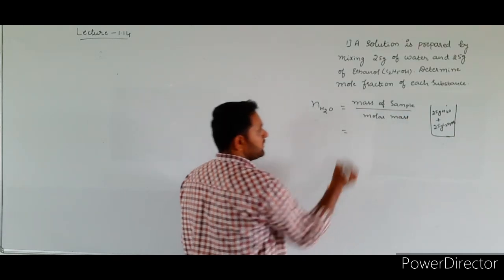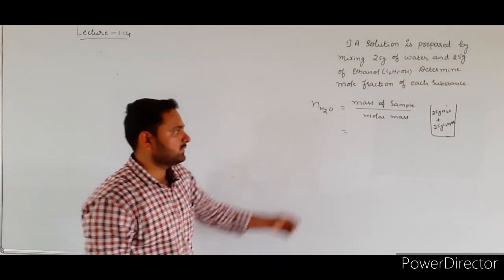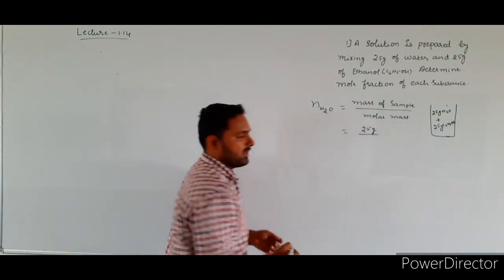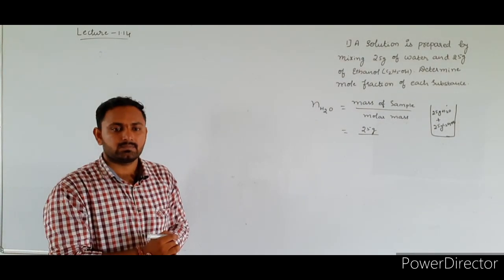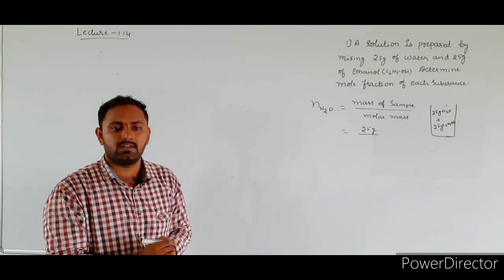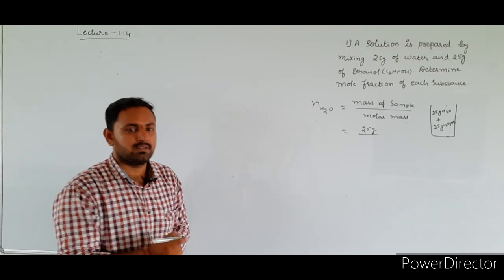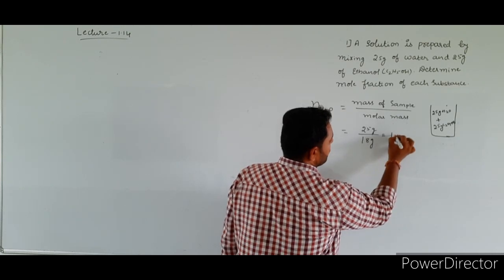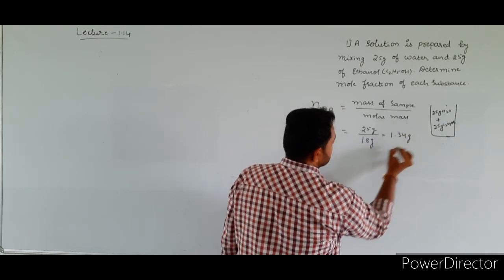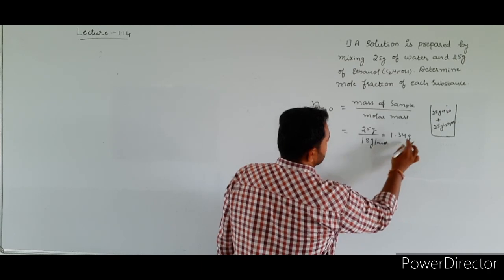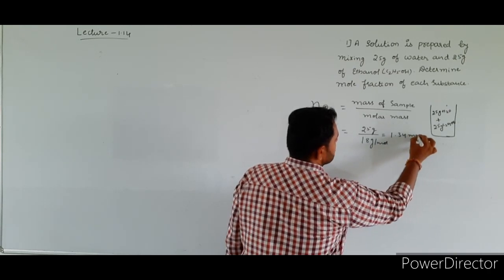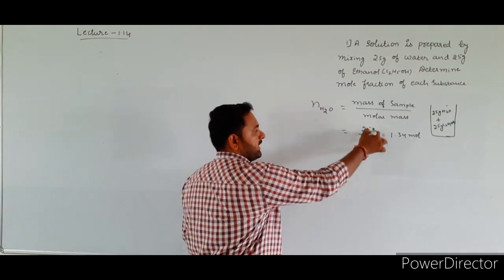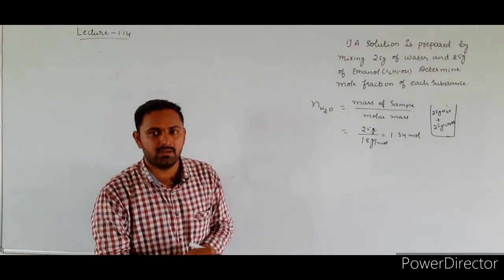What is the mass of water he has given? 25 grams. What is the molar mass of water? 18 grams. Then you divide these two. After dividing, you will get 1.34 moles. Why? Because gram gets cancelled, and the final answer will be in moles.